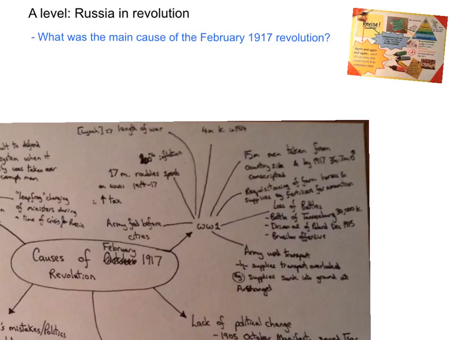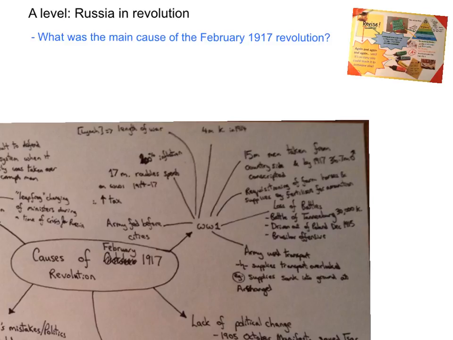And when people are not being fed enough and their social conditions are bad, they're more likely to revolt and rebel. They also had to requisition, which means basically take, farm horses to use in the armies, and things like fertilisers as well, which were used in the production of ammunitions.